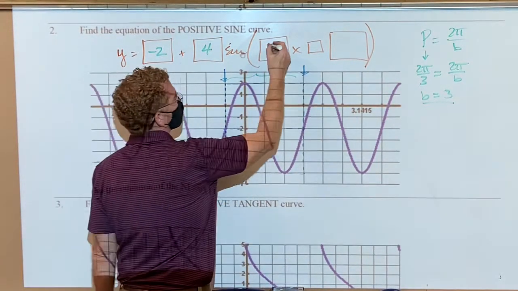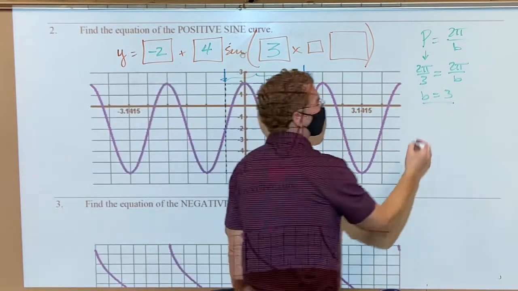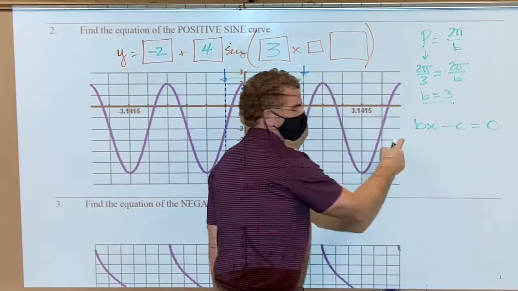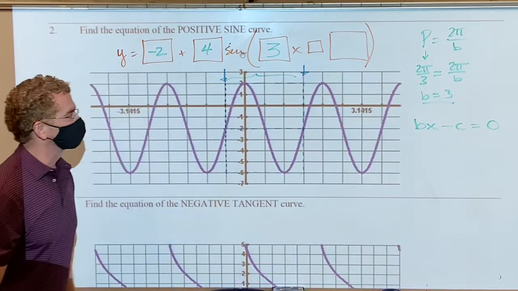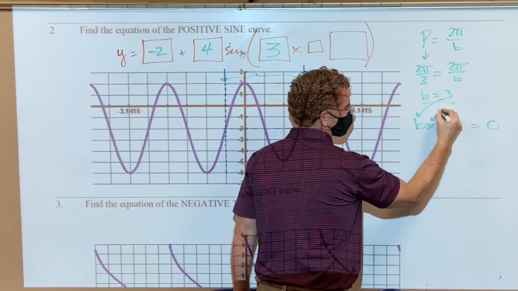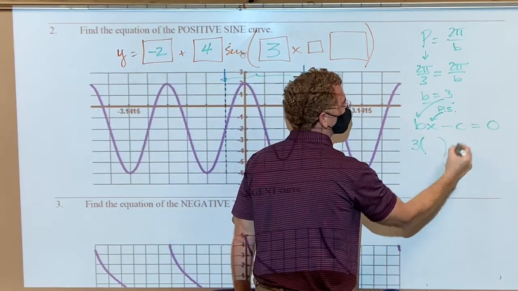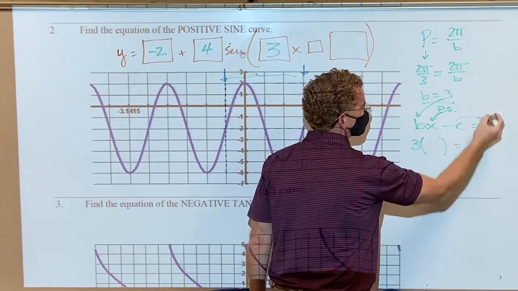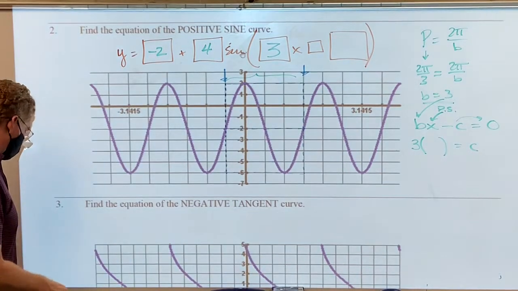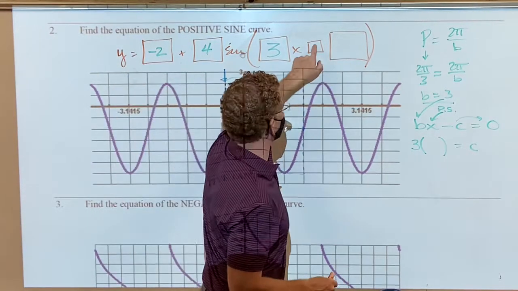Great. And now that I have my b value, I can plug it into that formula that I used to find phase shift. Except when I plug the b in there, I can plug the phase shift in there. So I get 3 times the phase shift. I can subtract c or add c to the other side. And what is my phase shift here? And this is where you could use either one, which will make everything the same, but this and this might be different.